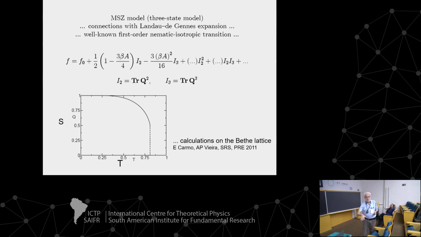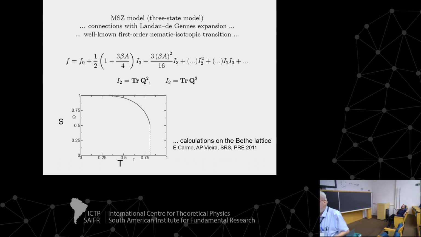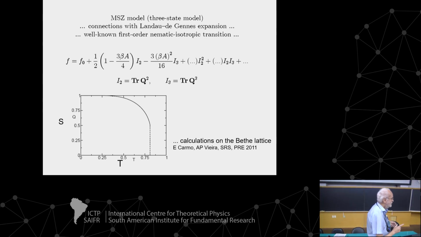And there is no chance: in all of those models, the transition is first order, and experimentally, the transition is first order in most nematics, not all, but most of them. The good point is how to change the order of this transition. Experimentally it's a weak first-order transition, but the transition is there.